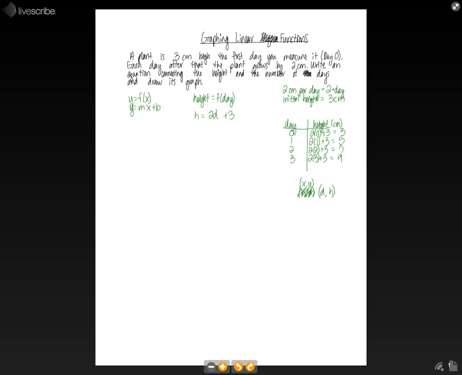So our ordered pairs will be 0, 3, 1, 5, 2, 7, and 3, 9.